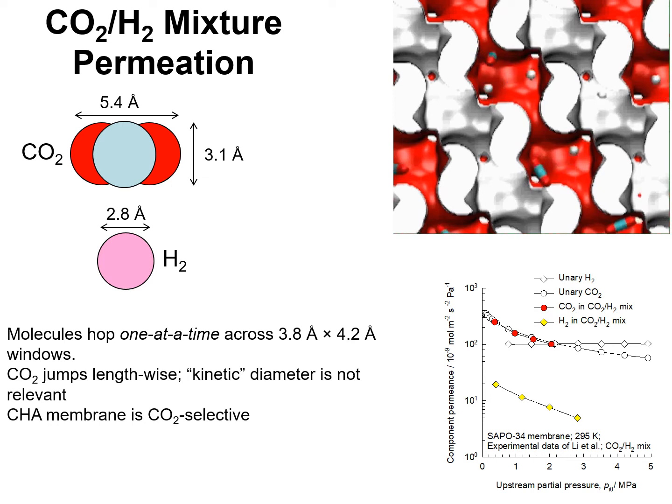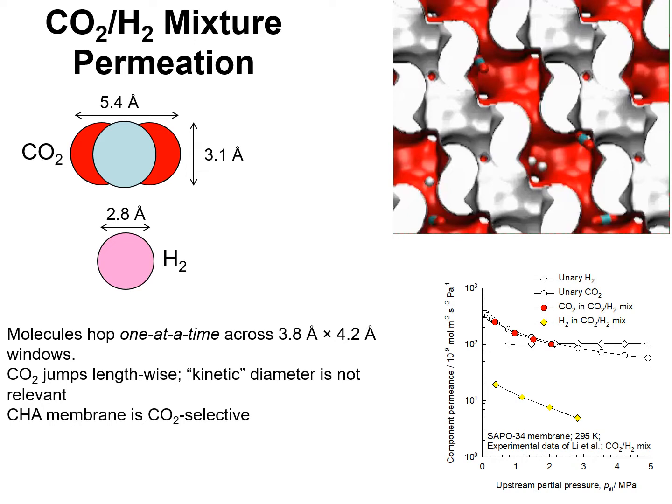This is evident in the experimental data in which the component permeances are plotted against the upstream partial pressures. The filled symbols are the permeances in the mixture, and the open symbols are the component permeances for the pure components.